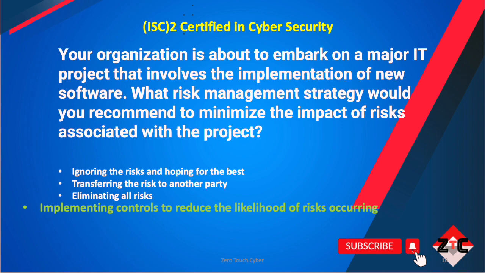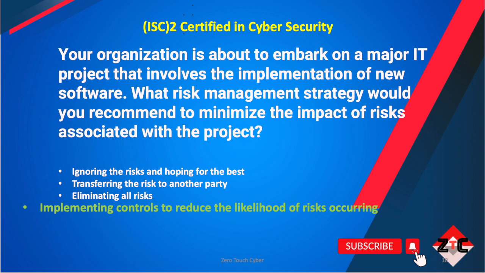When embarking on a major IT project, it is important to minimize the impact of risks associated with the project. One effective way to do this is by implementing controls to reduce the likelihood of risks occurring. This could involve conducting a risk assessment to identify potential risks and then implementing controls such as project management methodologies and quality assurance processes to reduce the likelihood of these risks occurring.